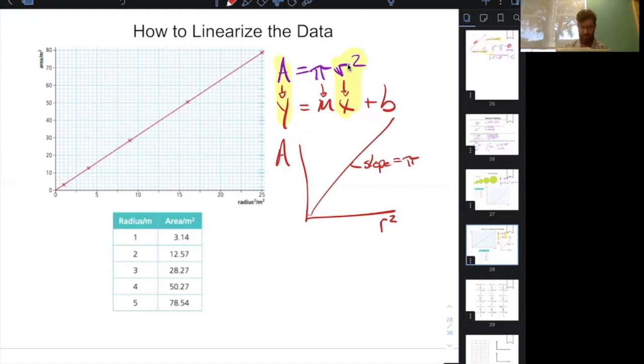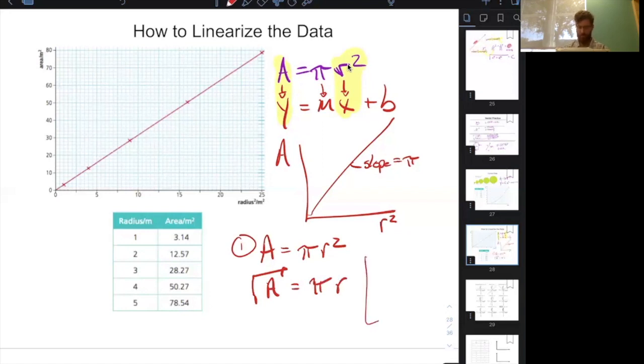The next way to take a look at this is to actually manipulate the equation. So A is equal to pi r squared. Another way of looking at this, ladies and gents, is you could easily take the square root of A is equal to the square root of pi times r.